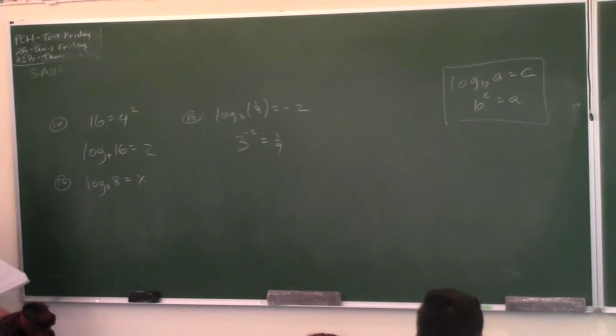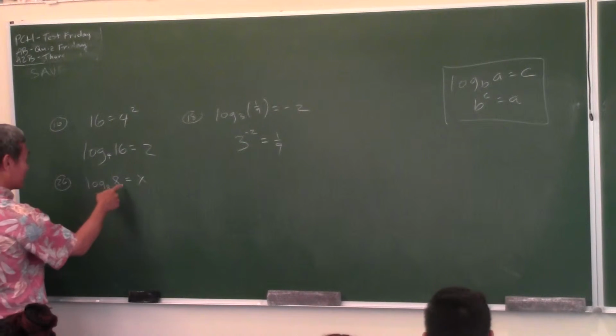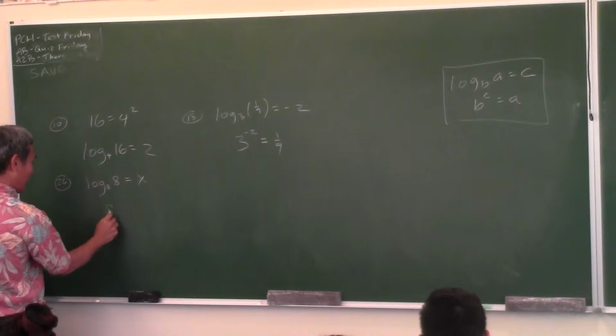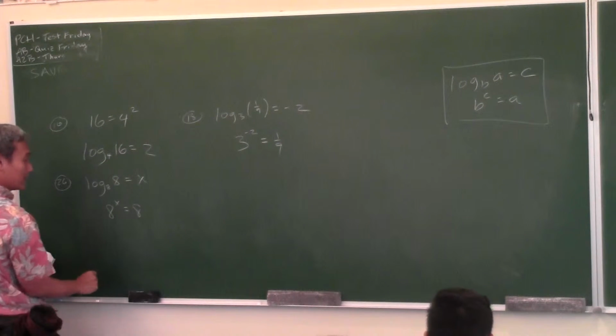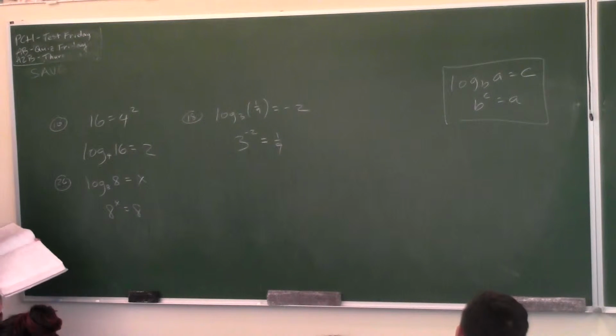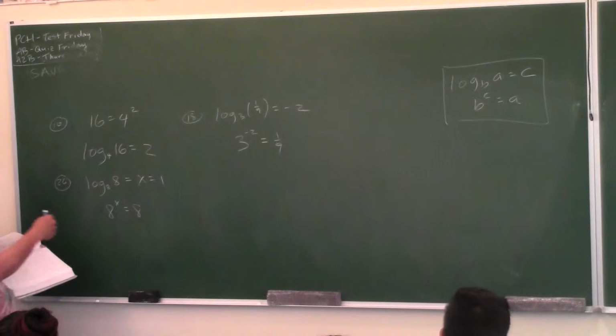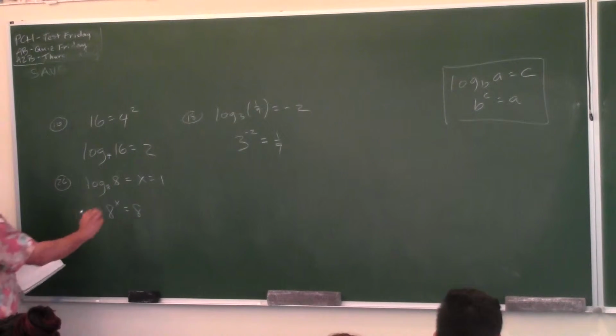Call it x. Change it to exponential form. This means the same thing as 8 to the x power equals 8, right? So think about that. 8 to the what power equals 8? 1, that's right.